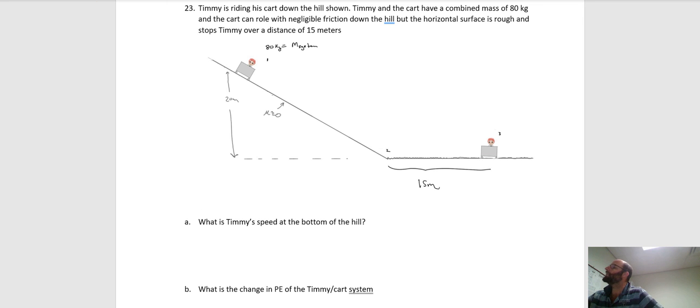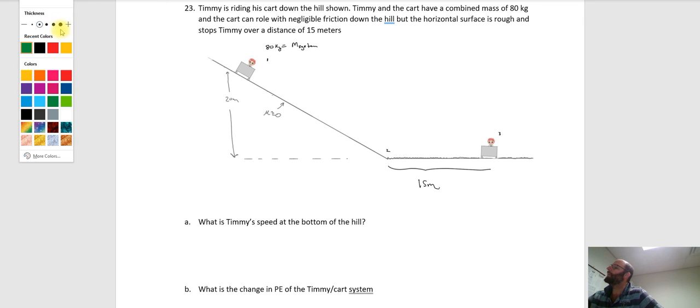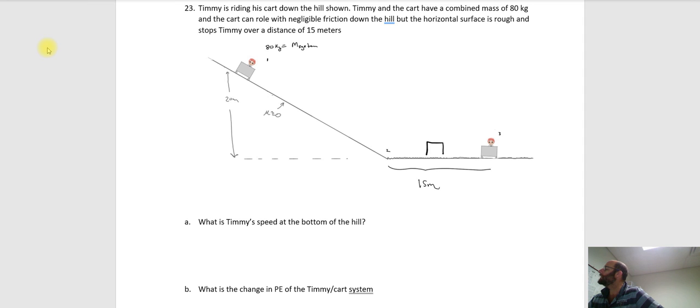And you're going to have a work term now, and let's talk about why. Look at the free body of Timmy and the cart. You've got a gravitational force down. The cart is supported by the ground. And there is a frictional force, or some sort of resistive force, acting on the cart, which is to the left, because the cart is sliding left to right.